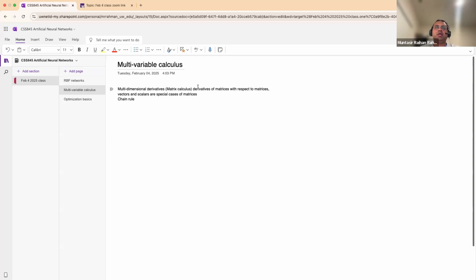A scalar is nothing but a matrix with 1 row and 1 column, and a vector is just a matrix with 1 column. So if you understand in general how to take derivatives of a matrix with respect to a matrix, we will understand how to do matrix calculus, and that's going to be very useful for the derivations we need to understand the algorithms for various neural networks. We'll start with an example of an RBF network itself.